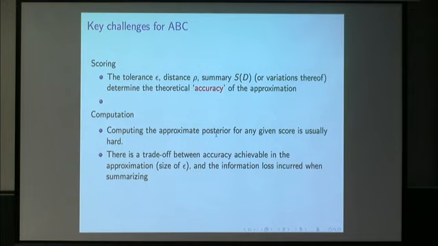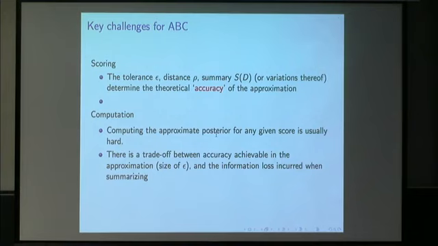In ABC, we don't have that as an option, so we have to determine a new score. I've described one particular score that depends upon a distance function, a summary, and maybe a tolerance, and they control the theoretical accuracy of the approximation we could achieve. But we don't have to use the kind of thing I said here. We can use other kinds of scoring approaches, which I'll briefly talk about.